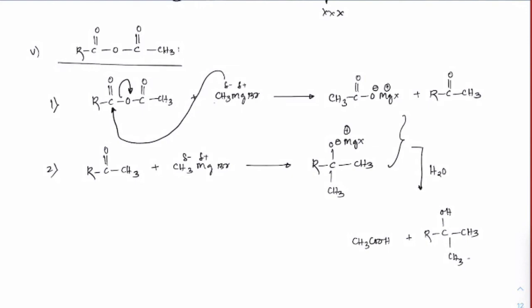All I know is that just like acid chlorides or esters, acid anhydrides will also give tertiary alcohols, 3-degree alcohols.